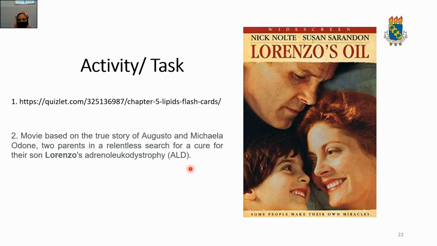It is based on a true story of two parents who are searching for the cure for their son Lorenzo, who has this disease. So you can gain a lot of information about fats while getting some entertainment as well.